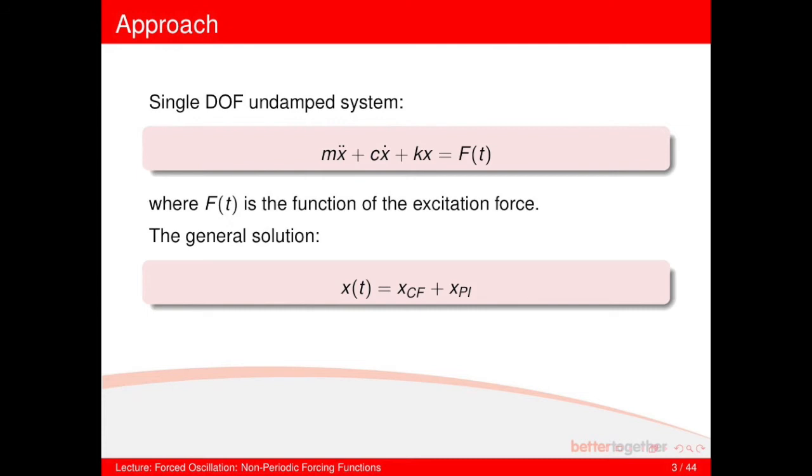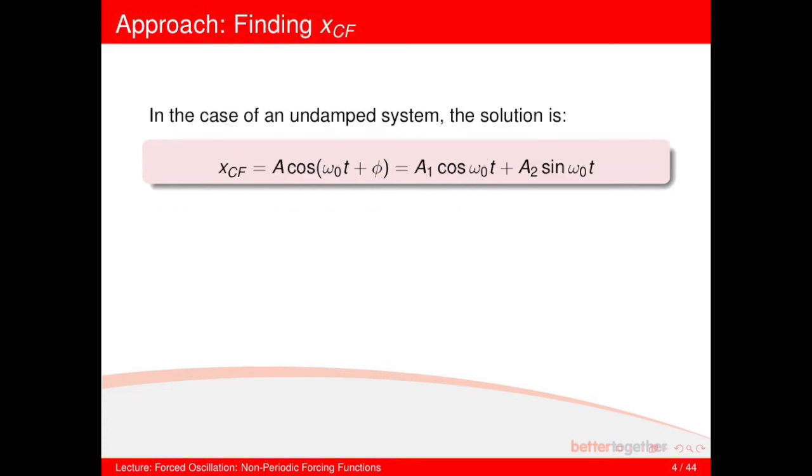But in an undamped system, XCF will remain with you as well. XCF is a complementary function, and XPI is a particular integral. Like I say, the complementary function is the free response, and PI is due to the forcing function that's being applied.